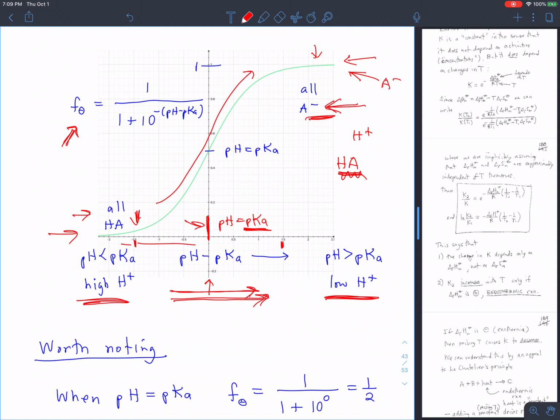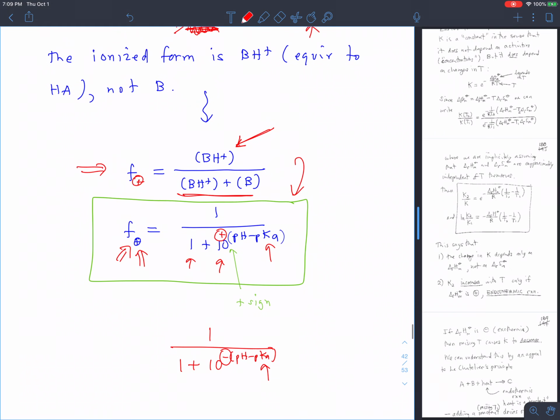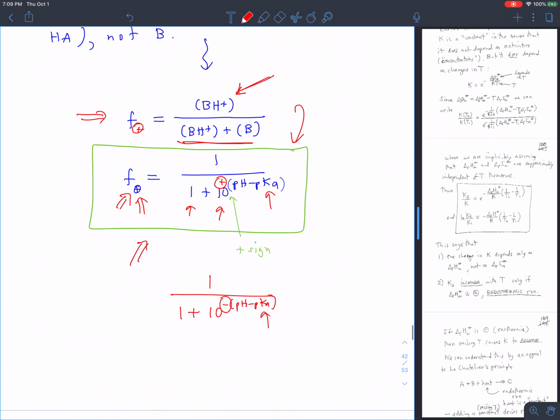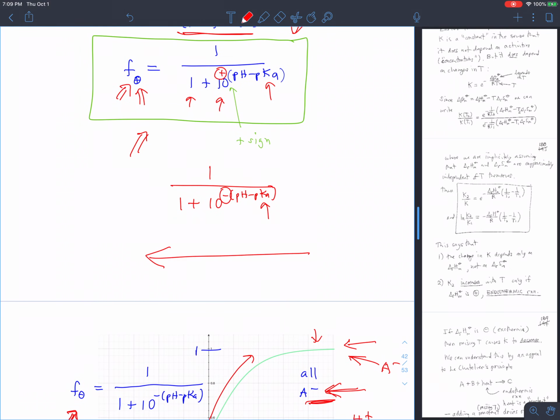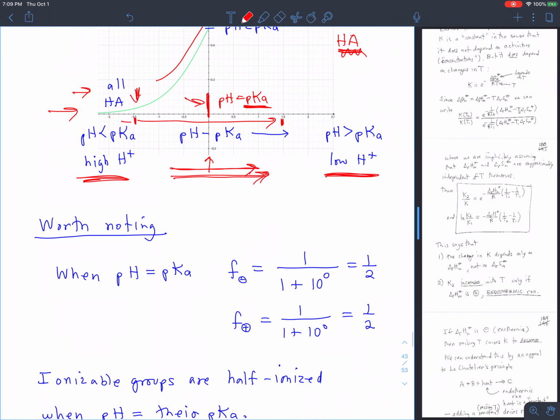So over a matter of 3 pH units, we've gone from completely acid, or protonated form, to completely deprotonated form. And the same thing would happen if we looked at the base using this other formula. Everything would be reversed. If you were going down in pH, things would turn on, so to speak. But other than that, it's the same story.